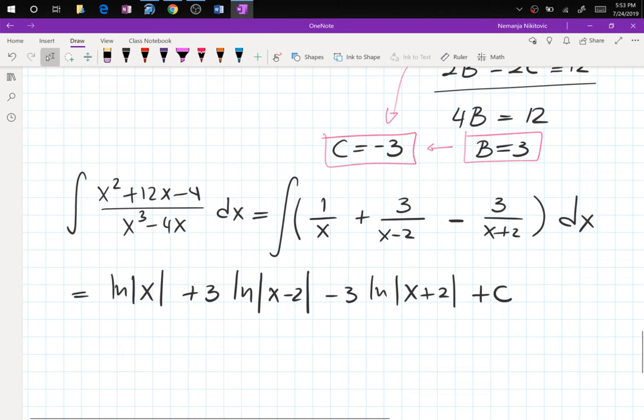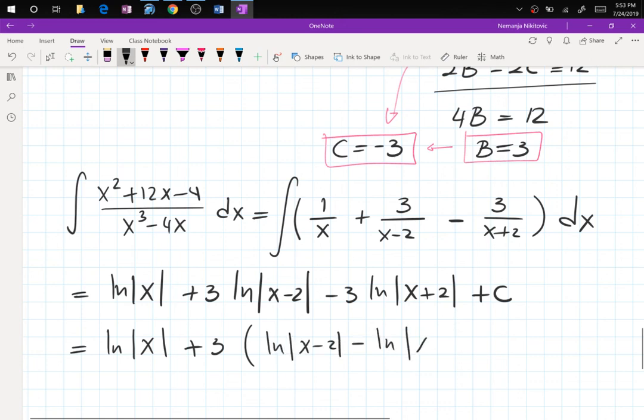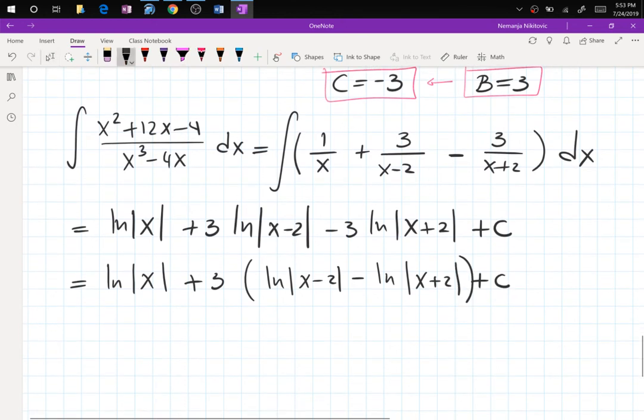So what you can do, now this is mathematical gymnastics, you factor 3, and then you're left with ln of x minus 2 minus ln of x plus 2 plus c. And when you have a subtraction of two logs, their arguments divide. So we have ln of absolute x plus 3 times the single ln of x minus 2 over x plus 2 plus c.